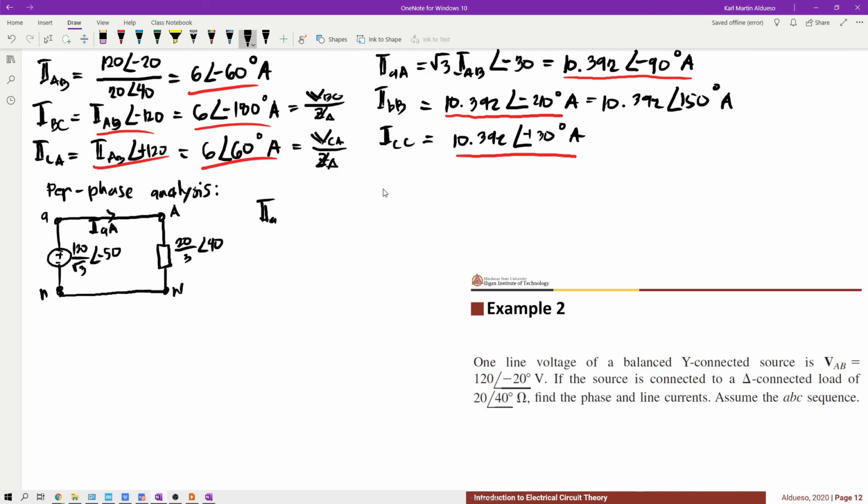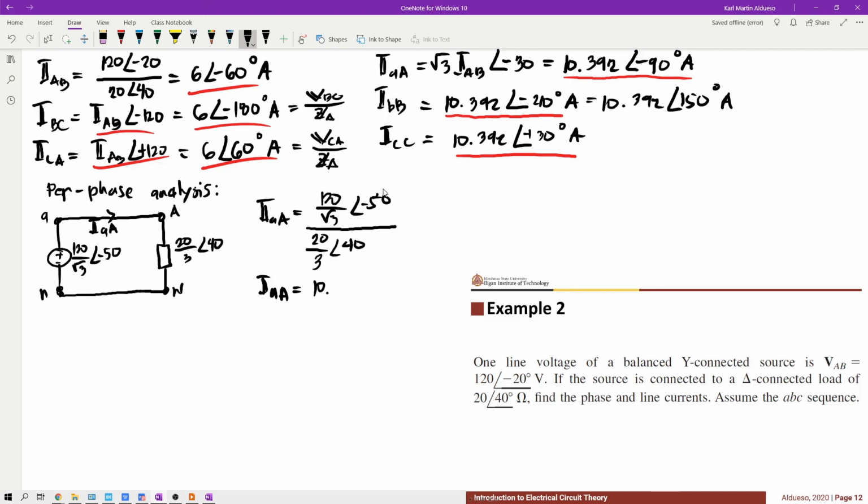We have IAA equivalent to 120 over square root of 3 angle of negative 50 all over 20 over 3 angle of 40. You will see that we will still arrive with the same answer.